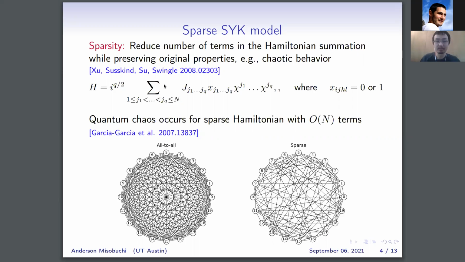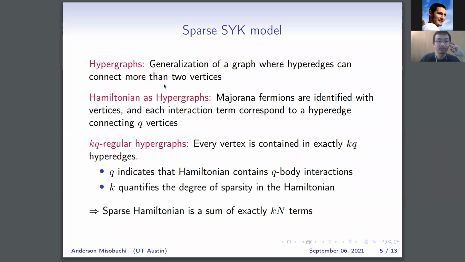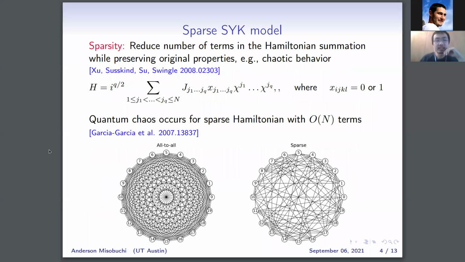There are several ways to do it. I'm just going to choose one that follows a regular hypergraph construction. First of all, hypergraphs are just a natural language to describe the way that the interactions appear in the Hamiltonian of any many-body quantum system. Since here we have more than two Majoranas interacting at each time, we cannot use just graphs.